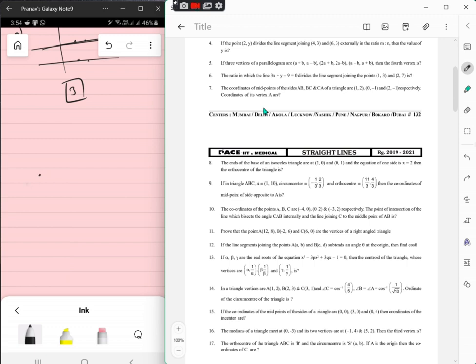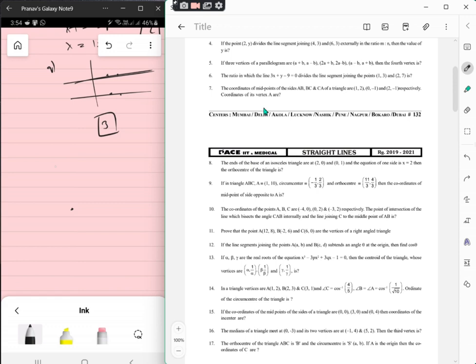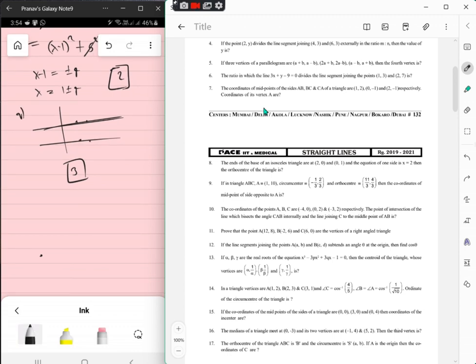So the first guy, okay, let's just say A. Which question is this? Fifth question. So the first point is a plus b, comma a minus b.